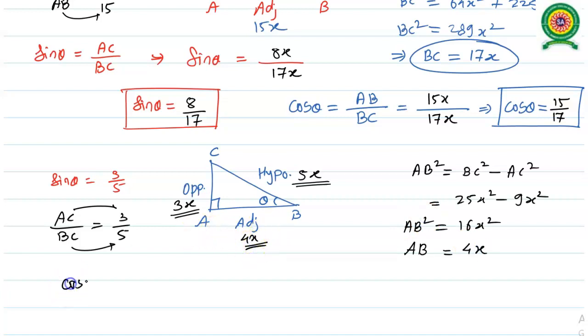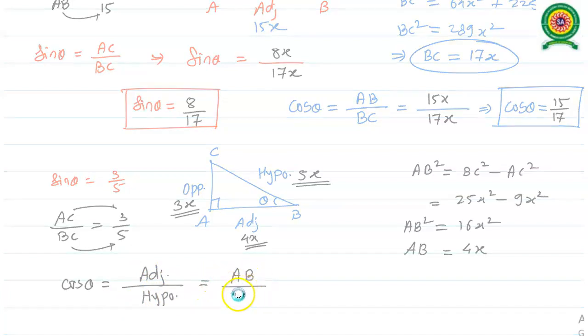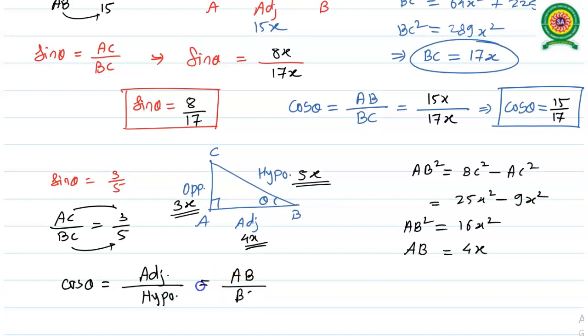Now to evaluate cos theta, we have the formula adjacent side upon hypotenuse, so AB divided by BC, that is 4x divided by 5x. X gets cancelled, and cos of theta is just 4 by 5.